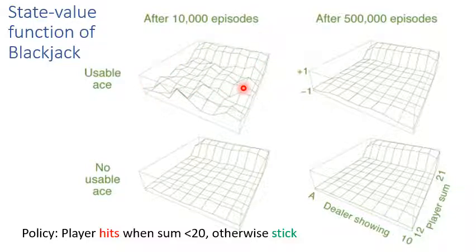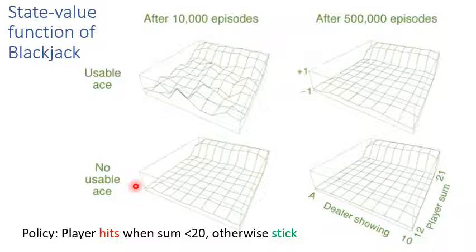The state value function is quite noisy. But after 500,000 episodes, we can see the values are quite smooth, and it has high rewards when close to 21, which is intuitive.